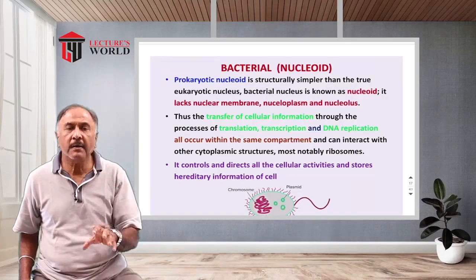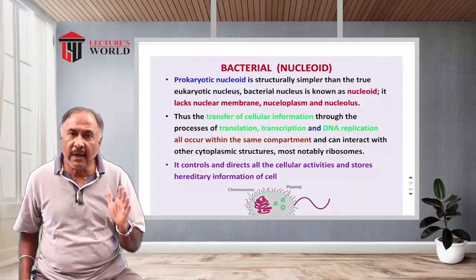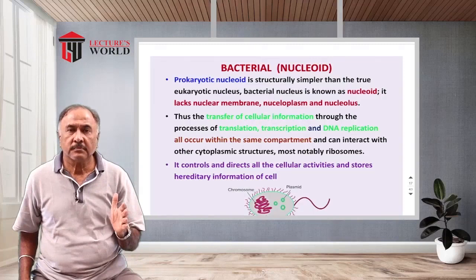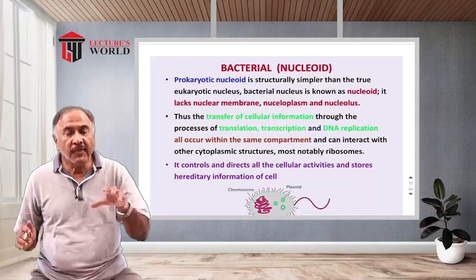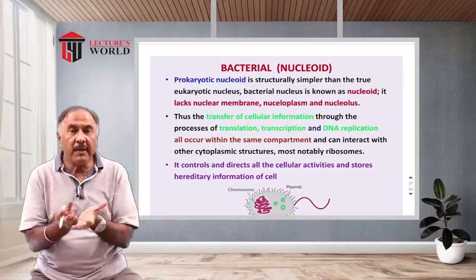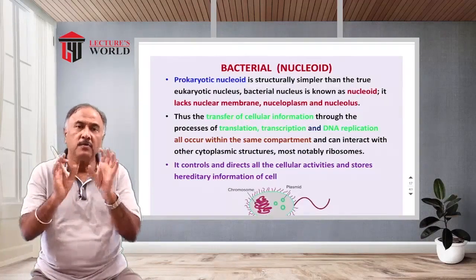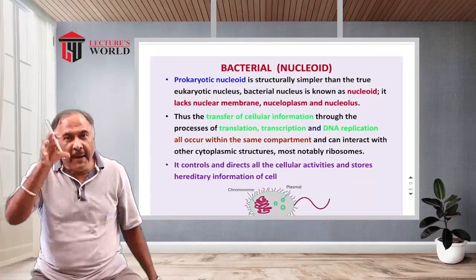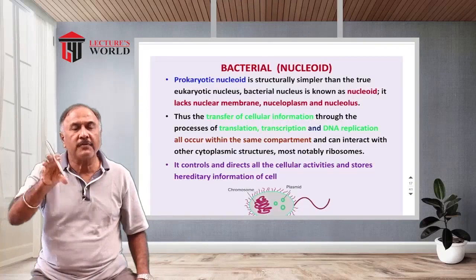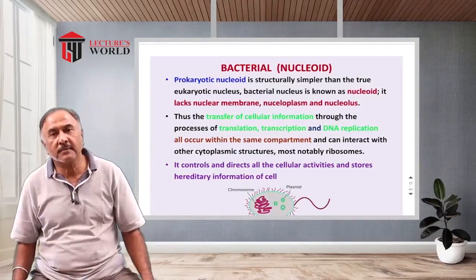The nuclear membrane is absent. In the case of eukaryotes, the nuclear membrane is present, and therefore that nuclear membrane encases the nuclear material. And that is why a definite place or a definite dot-like structure is observed when we stain the cells with certain basophilic stains.